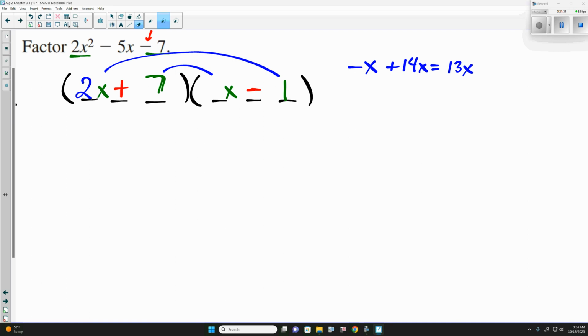Now, at this point, because there's only one set of factors for 2 and 7, we're going to flip one or the other. We can flip the 1 and 7 or the 2 and 1. I did this. 2x times -1 is -2x. 7 times x is plus 7x, and -2x plus 7x is, is that the middle term we wanted?